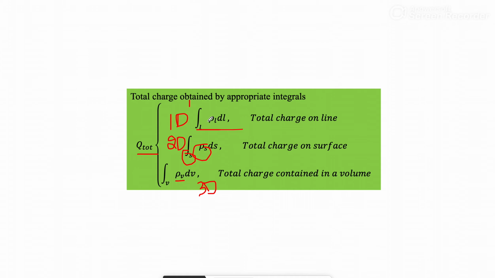These integrals are differentiated by their subscript. L stands for line integral, S stands for surface integral, V stands for volume integral. Sometimes we can also find them written as a triple integral sign, to indicate clearly that this is a volume integral.